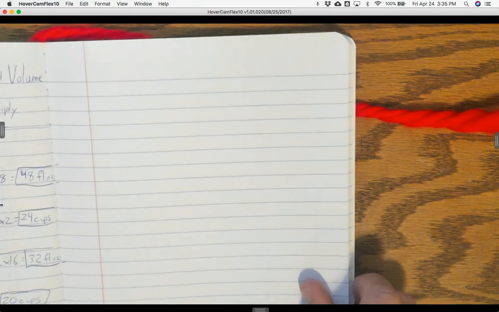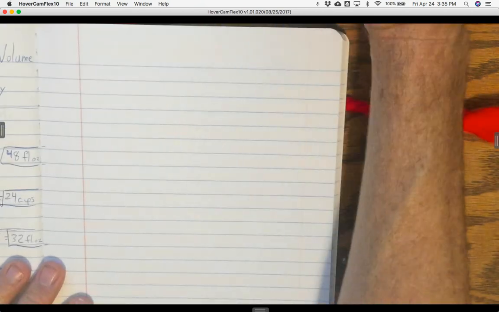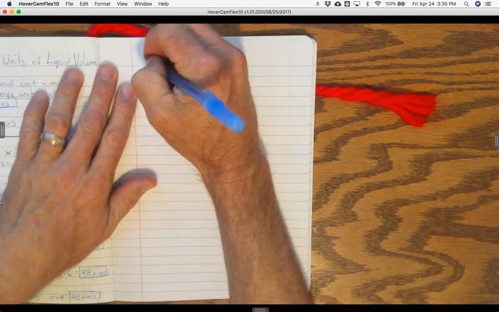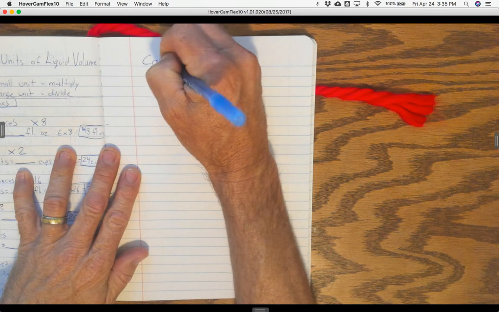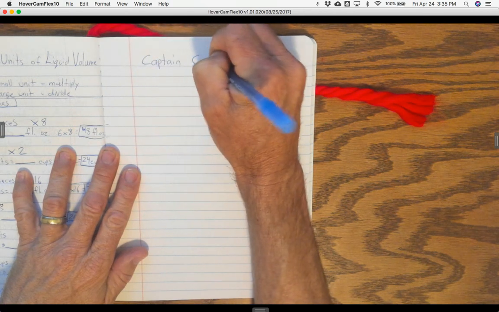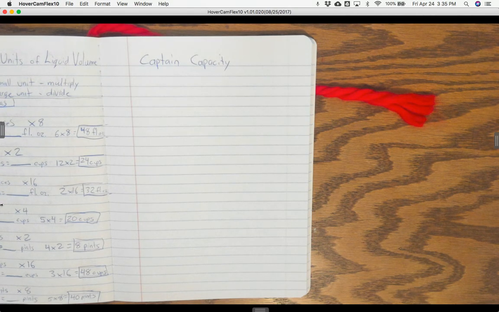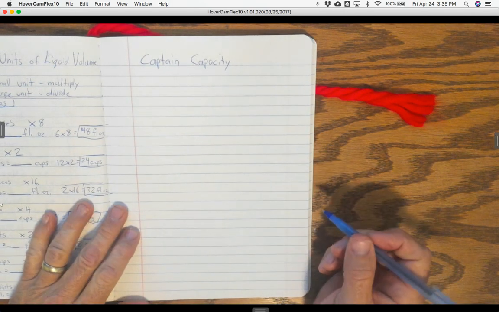So we're going to draw a little guy over here. Doesn't really look like a guy, but his name is Captain Capacity. Capacity's same as liquid volume. Other teachers use different names. I'm sticking with Captain Capacity.